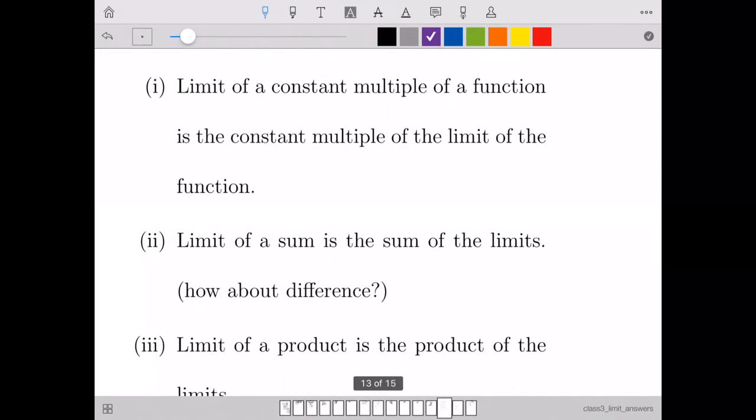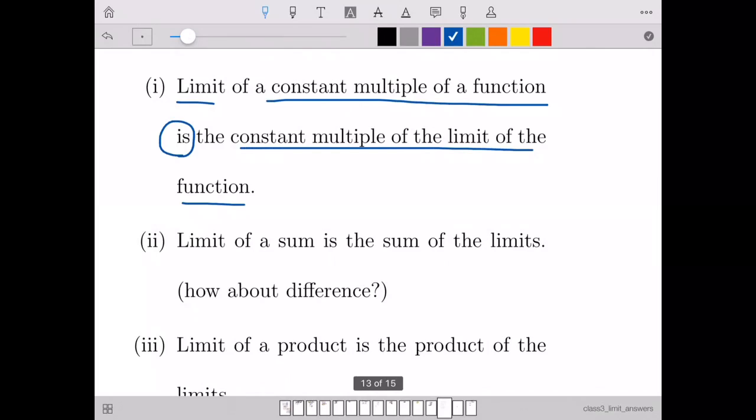1. The limit of a constant multiple of a function is the constant multiple of the limit of the function.